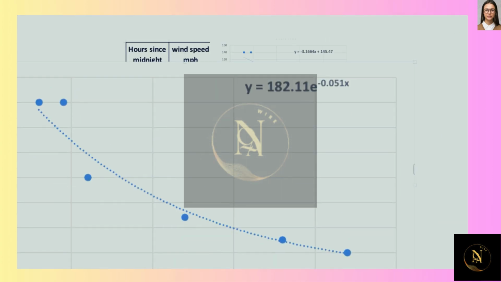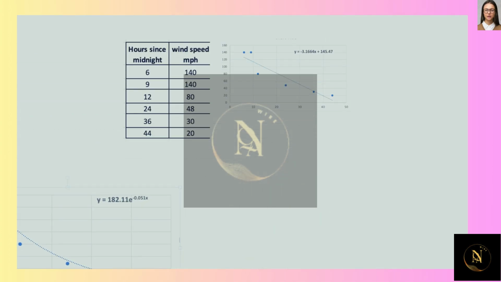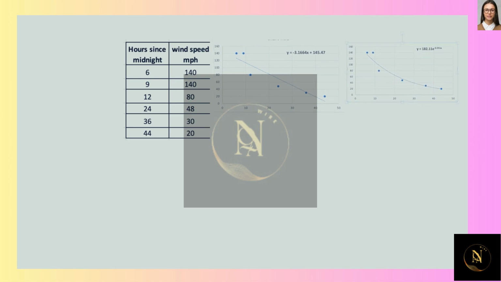And let me just create those. So here is my exponential model and my linear model for both.